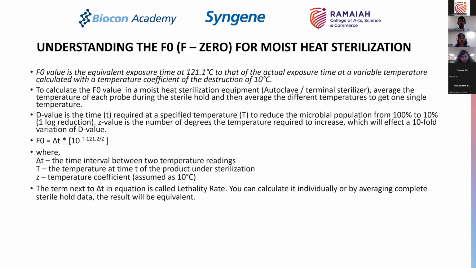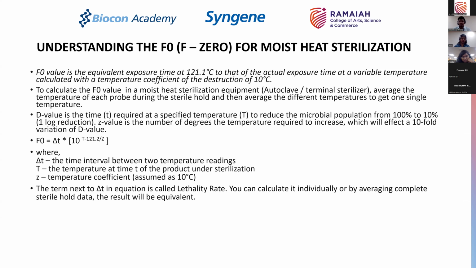It's a measurement of time at 121.1 degrees centigrade, compared to the actual exposure at a variable temperature. F0 value is the equivalent exposure time at 121 degrees centigrade to that of the actual exposure time at a variable temperature, calculated with a temperature coefficient of destruction of 10 degrees centigrade.